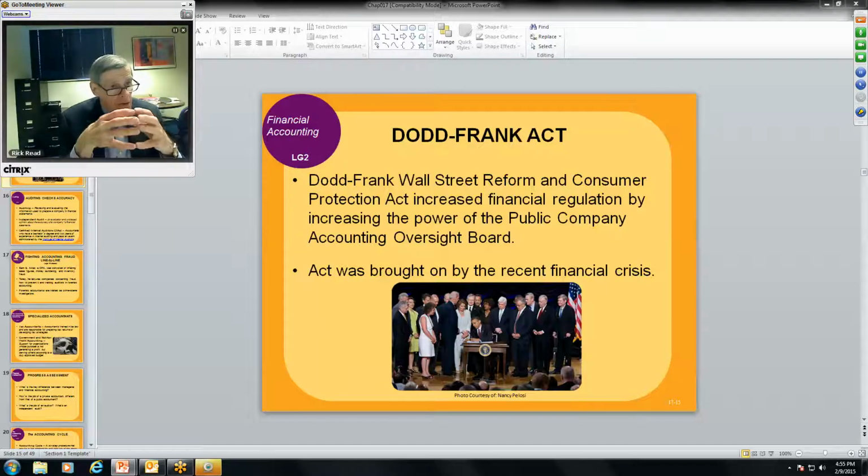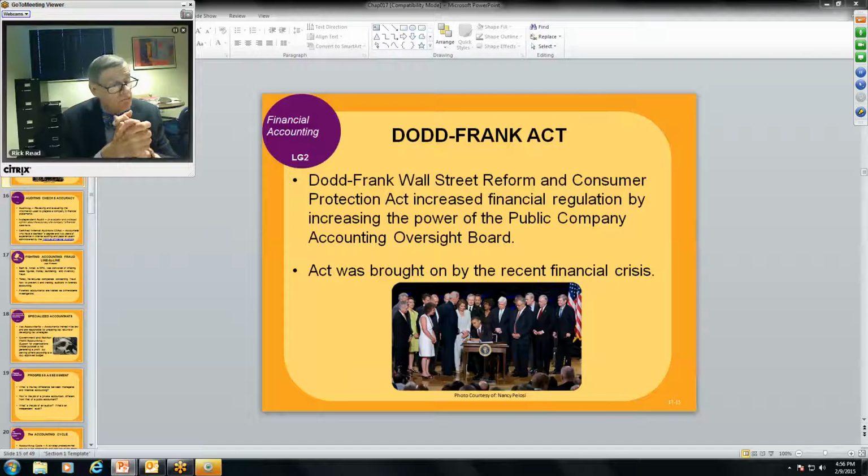What the Dodd-Frank Act was supposed to do was to increase the powers of the Federal oversight commissions and committees, which would be the Securities and Exchange Commission, FDIC, Federal Deposit Insurance Corporation, and organizations such as that.